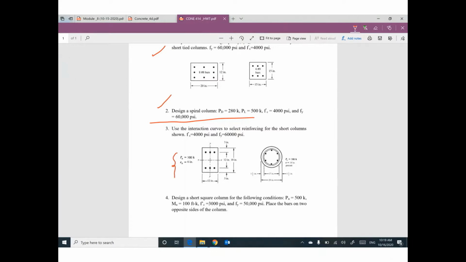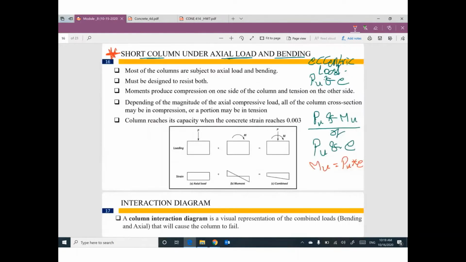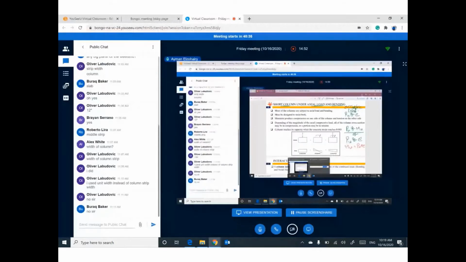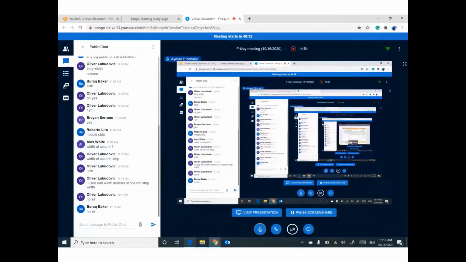We have P and eccentricity. So this column is an eccentric column. Any question so far? This point is very important. If you have eccentricity, that means we have a moment.